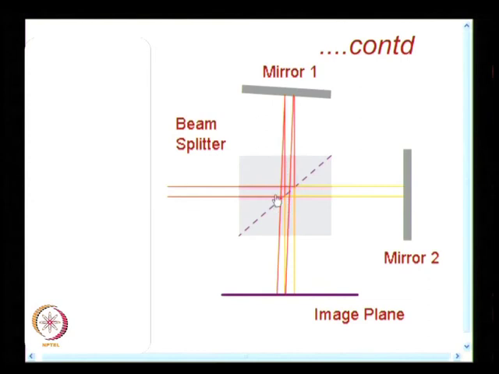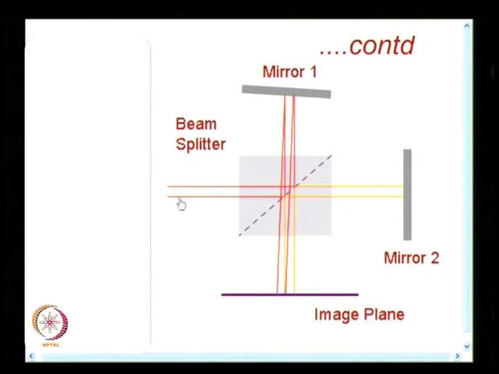So, the ray goes and hits this mirror, which is kept perpendicular, and mirror 1 is slightly tilted. So, the beam splitter sends one ray to this mirror and sends the other component to this, and whatever comes from this, because of the tilt, gets shifted, and it is said to be sheared to this point.